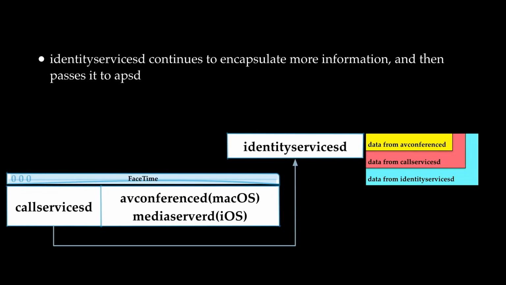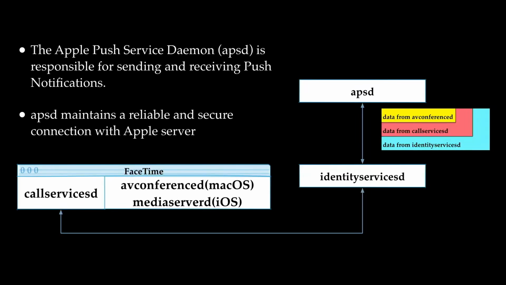So IdentityServicesd will continue to encapsulate more information and then pass it to apsd. apsd, which we can also call the Apple Push Service daemon, is responsible for sending and receiving push notifications. apsd also maintains a reliable and secure connection to the Apple server.